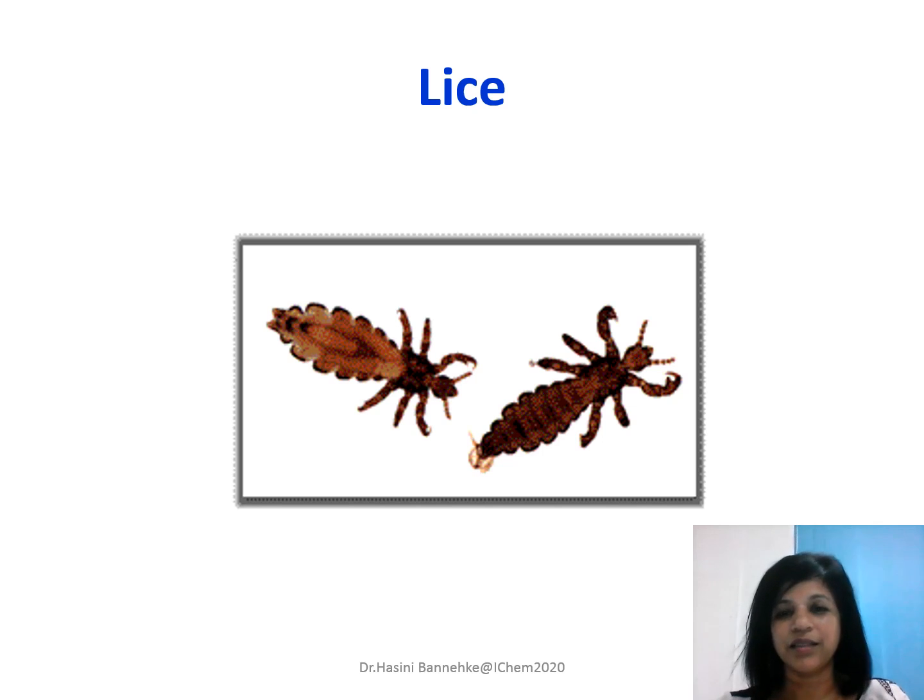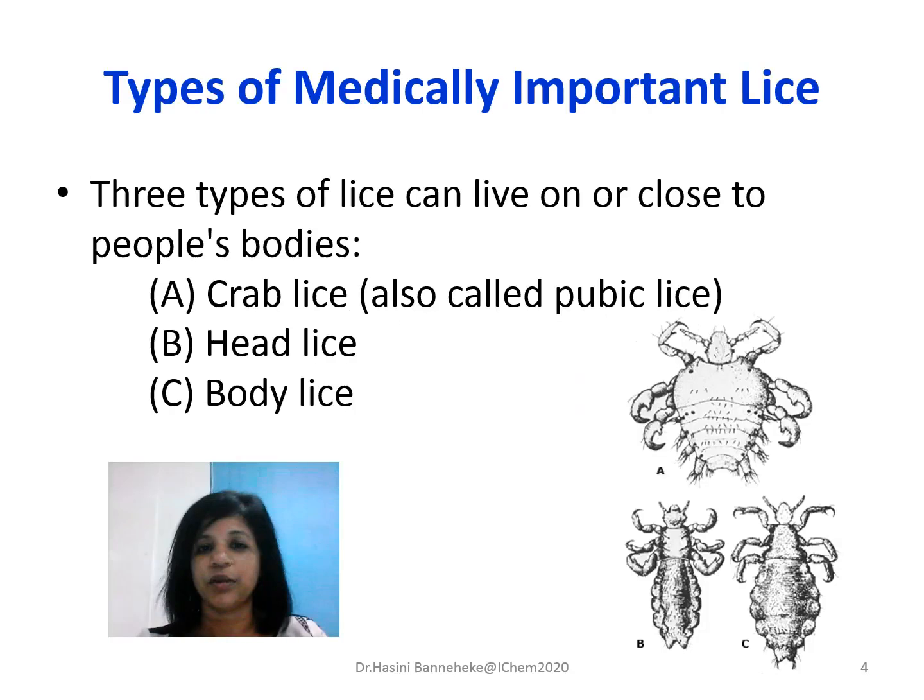Now, lice are the ones which are commonly seen as ukuna in Sinhalese. These are the commonly known head louse. So there are medically important lice. There are different types, except for the ukuna that you know, which are present in the head scalp. There are others as well.